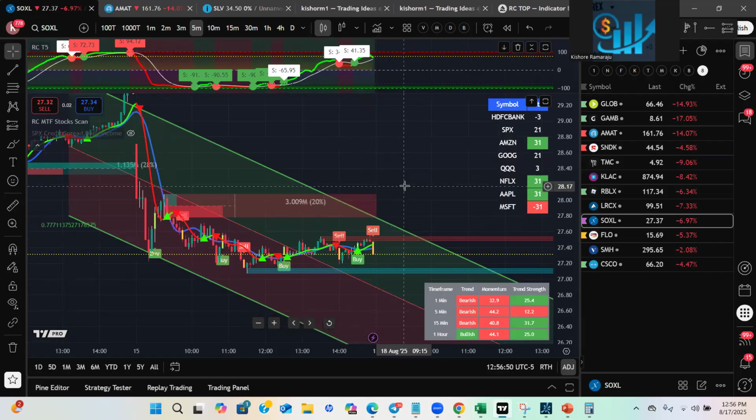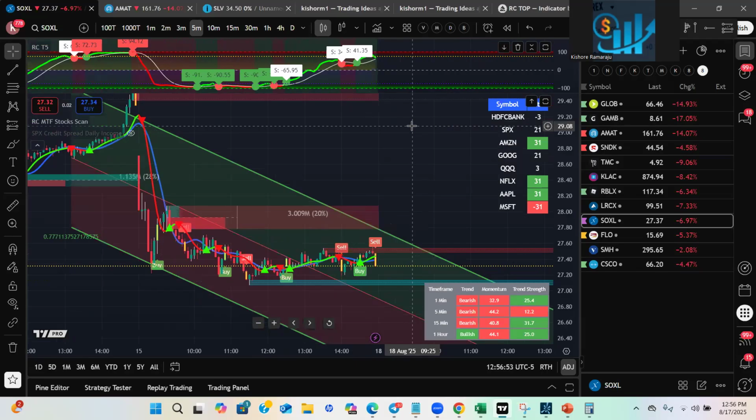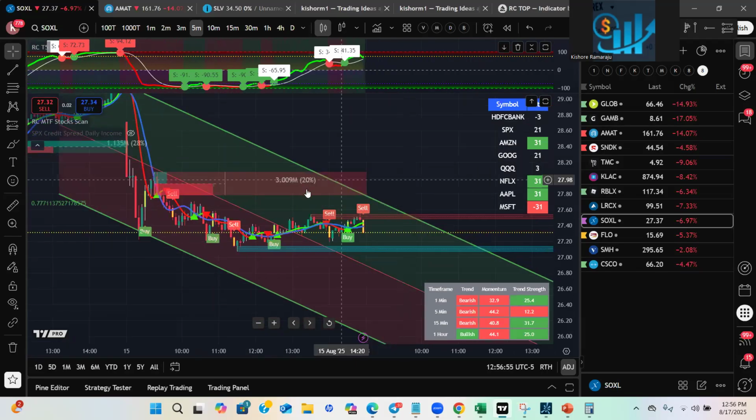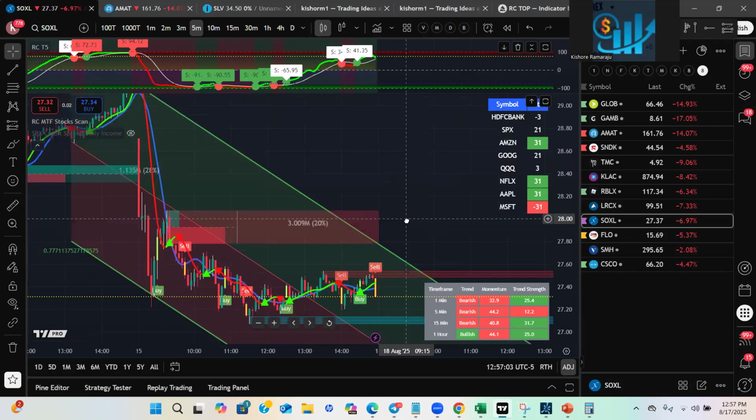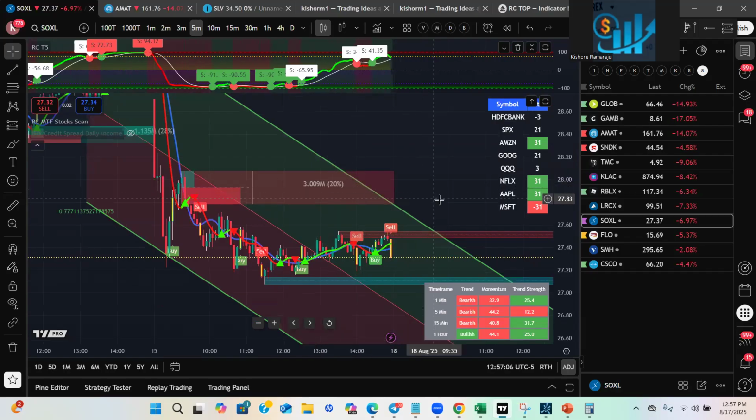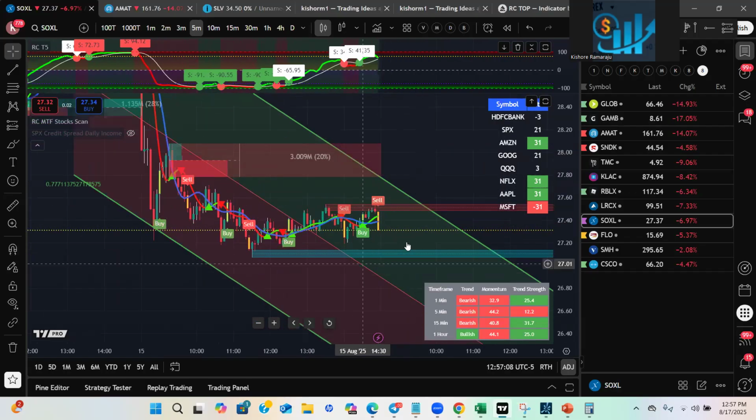Instead of just holding the stock and waiting for the price to go up, where do you see the price? It may not go above around $28 or $29 this week. What you can do is, you already have 100 stocks or 1,000 stocks, and there is a strong resistance around 28. You go and sell the 28 call and collect the premiums. That means you are telling someone that even if it goes above, you are ready to sell them at 28. You are collecting the premium.